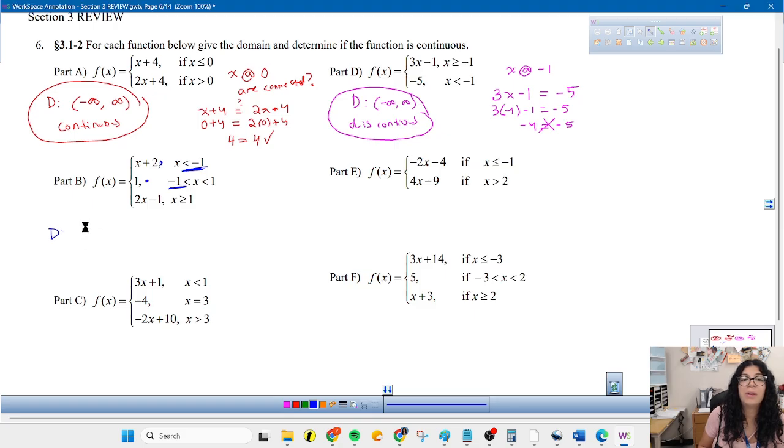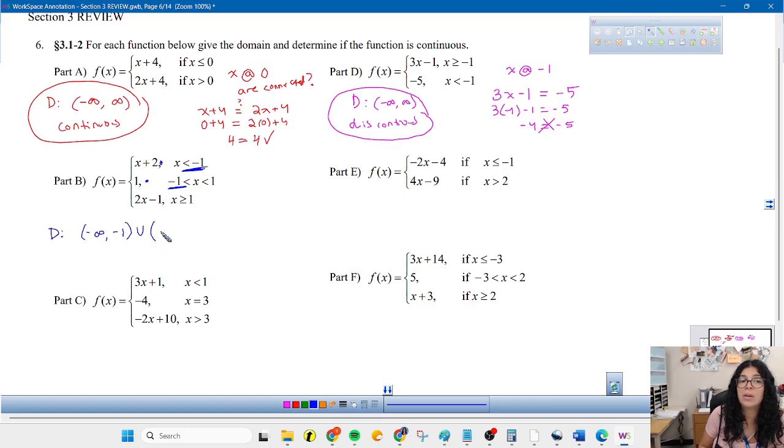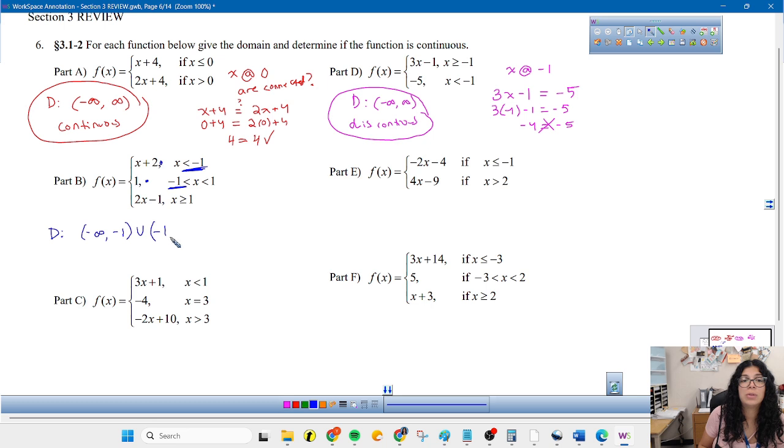It is negative infinity till -1, and then at -1, there is nothing till positive infinity, okay? Because notice, even though 1 is not included here, we are including 1 here.